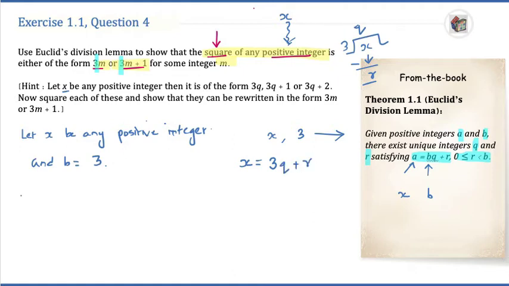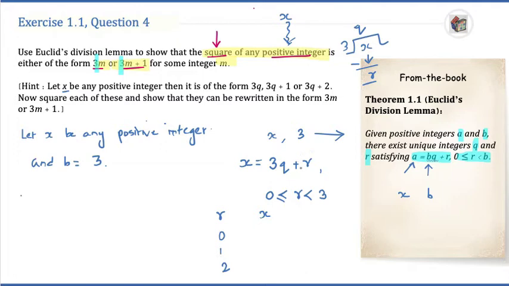Where what do you know about r? You know that this remainder r has to be less than the divisor b, which is 3 for me, and has to be greater than or equal to 0. So that really gives me 3 possible values of r: 0, 1 and 2, because I cannot have 3, it's less than that.